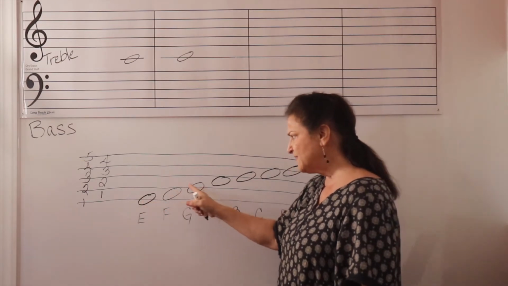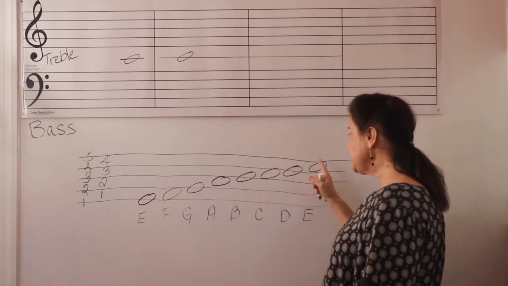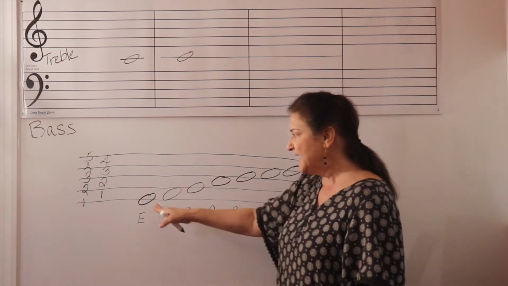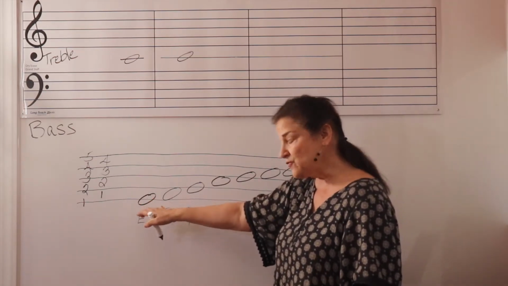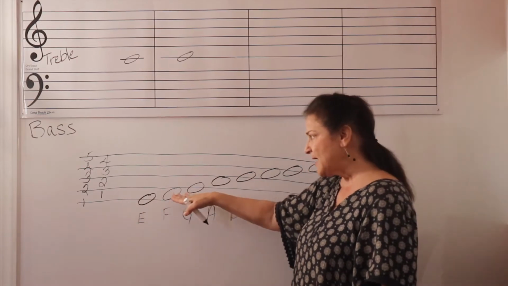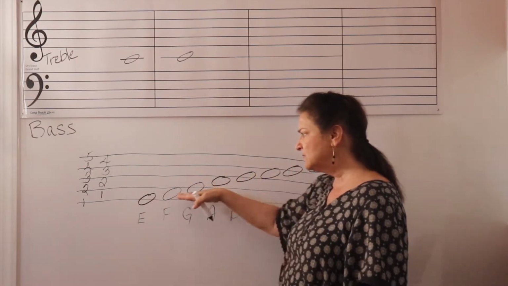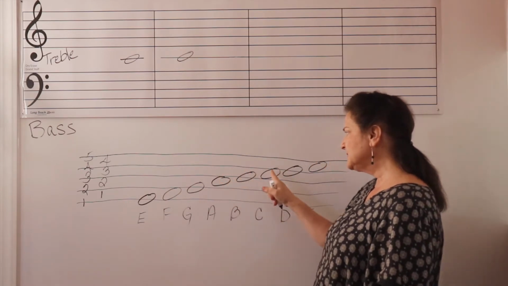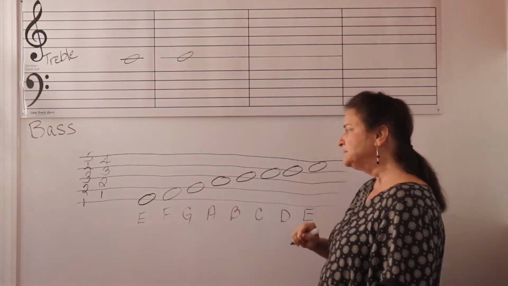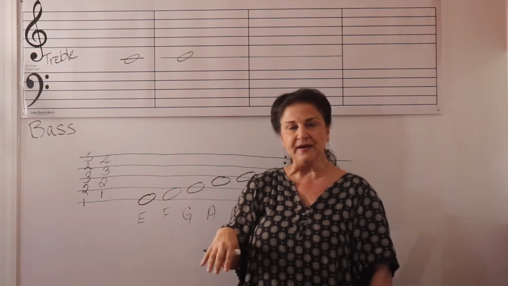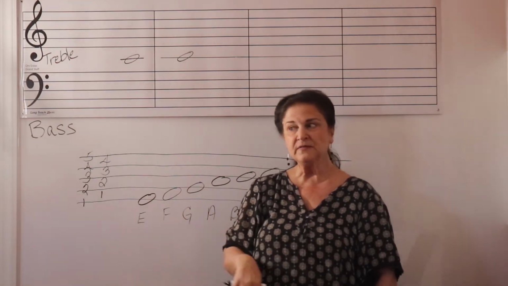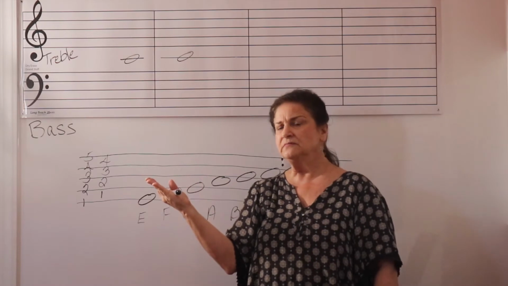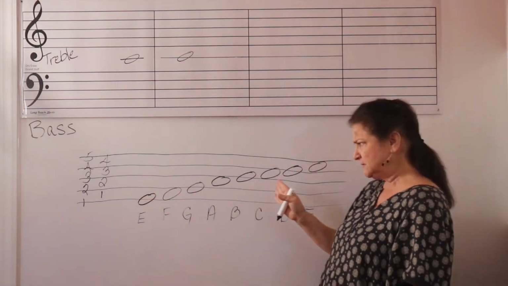Basically E, F, G, A, B, C, D, E, do, re, mi, fa, sol, la, ti, do. And that's what it sounds like when you go from step to step, up or down, line, space, line, space, line, space, line, space. So in order to accommodate all of the pitches on the staff, this is only 8.